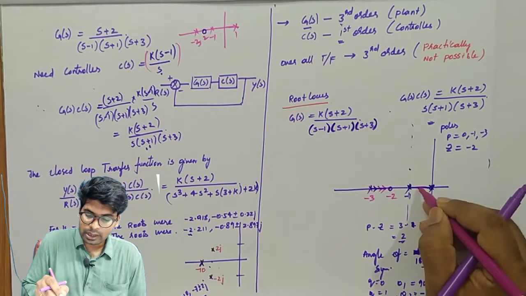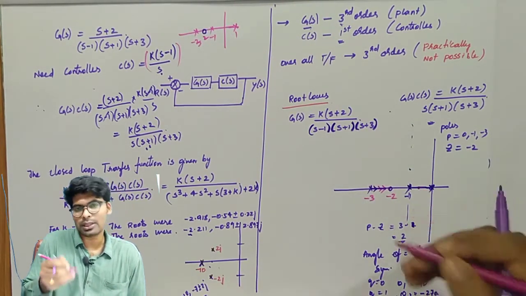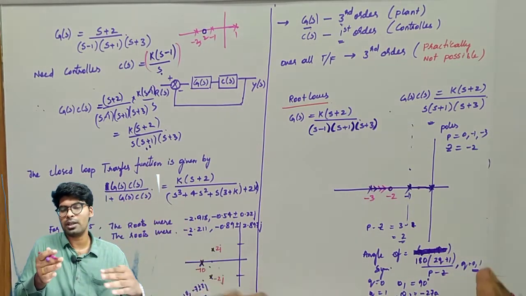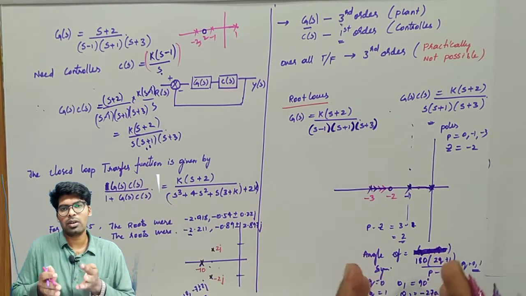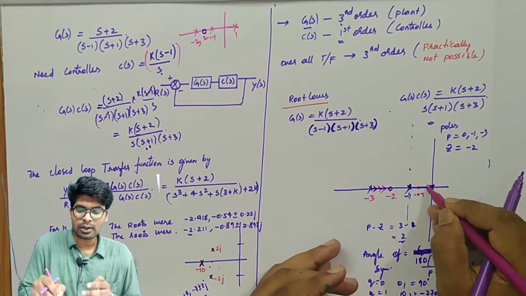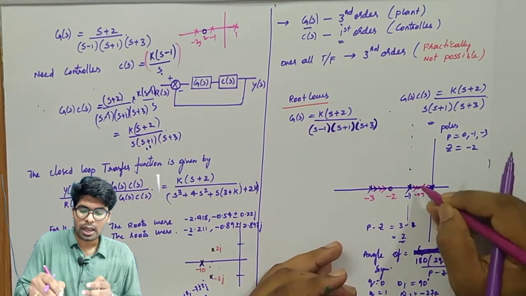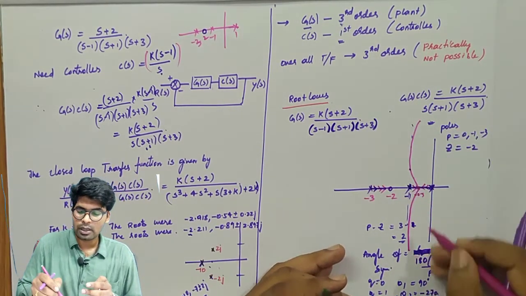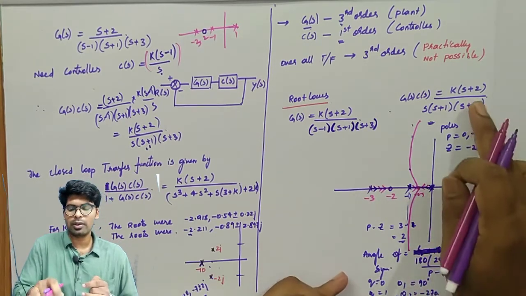You get the centroid as follows. For the centroid, you have the sum of the poles minus the sum of the zeros, divided by p minus z. By solving that, you get almost minus 0.5. So this is the centroid, and the locus starts from the poles and ends here. So this is the root locus for this open loop transfer function.